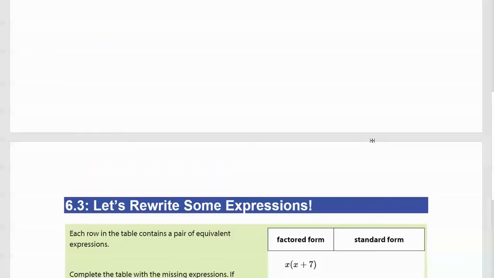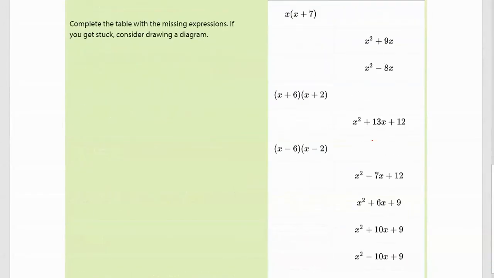All right, hopefully you did those. All right, so all we're going to be doing is completing this table. Go ahead and try to complete it right now. Go ahead and pause it. All right, so hopefully you paused it and you tried it and you just press play, right? So we know that we are multiplying the x times the x plus 7, right?